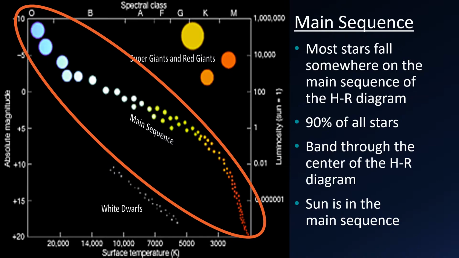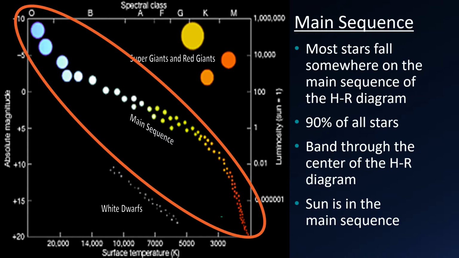And the sun is a main sequence star. These range anywhere from young stars to middle-aged stars, but they're basically in the prime of their life. Okay, they've not expanded, they are fairly young, or at least evolutionarily wise.